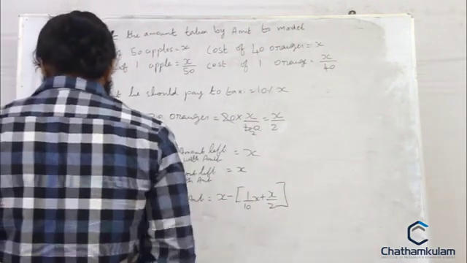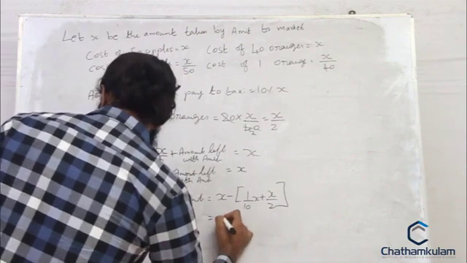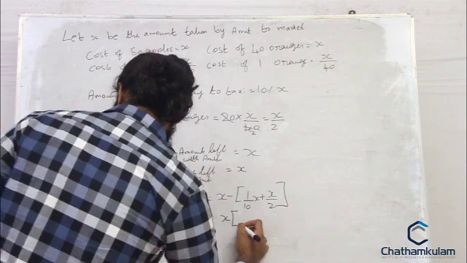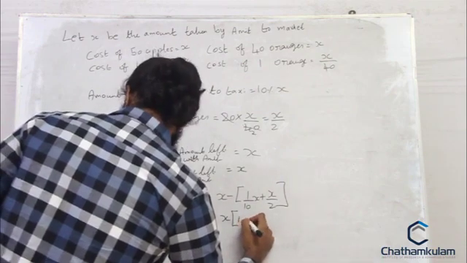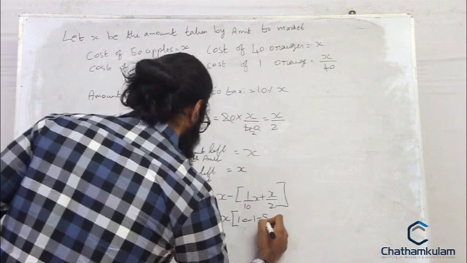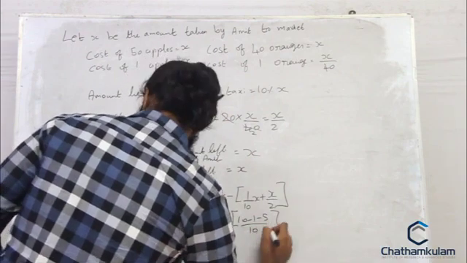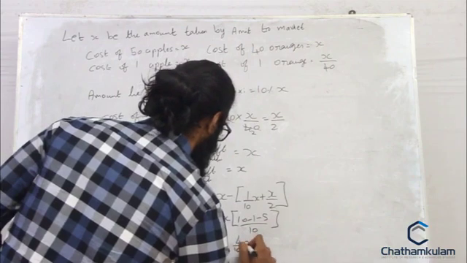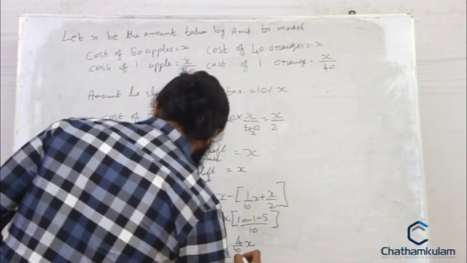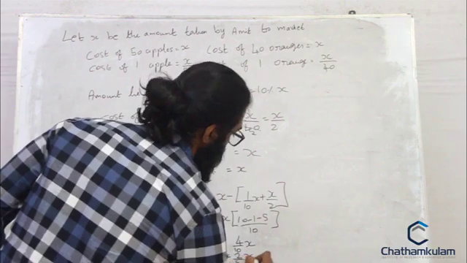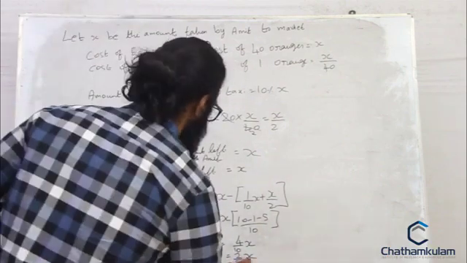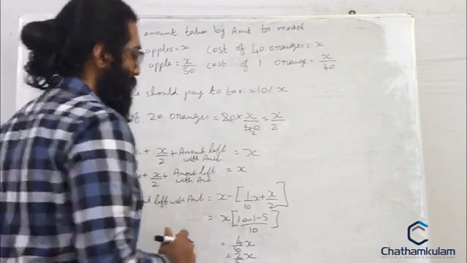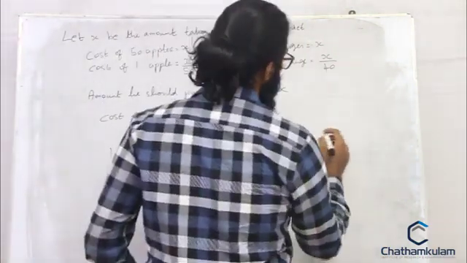We take the X outside and we get X into 10 minus 1 minus 5 whole divided by 10. We get the answer as 4 by 10 X, which is equal to 2 by 5 X. Right. So this is the amount that is left with Amit.